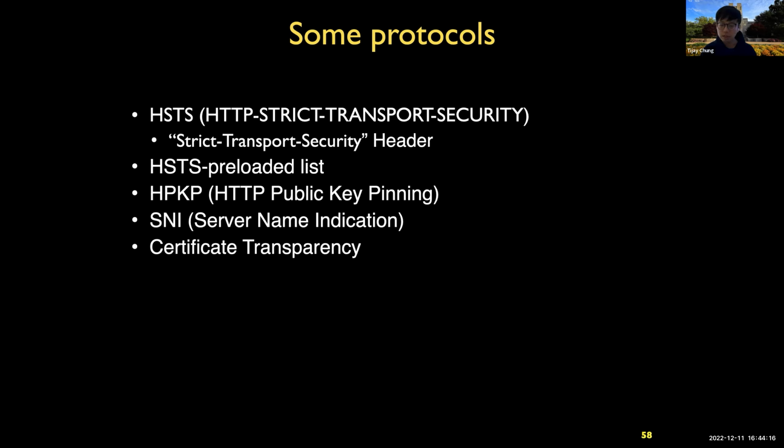When the HTTP response first comes from the web server, there is a header called Strict-Transport-Security, which lets the client cache that information for a certain amount of time, so that from the client browser's perspective, whenever the user tries to connect to the web server using HTTP, they automatically upgrade the connection to HTTPS.